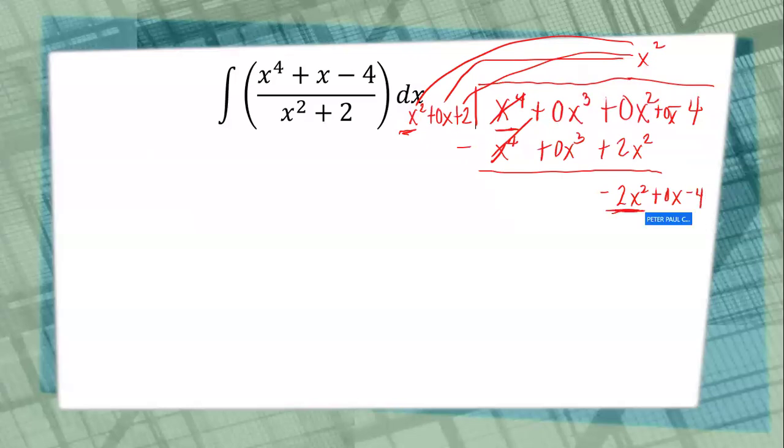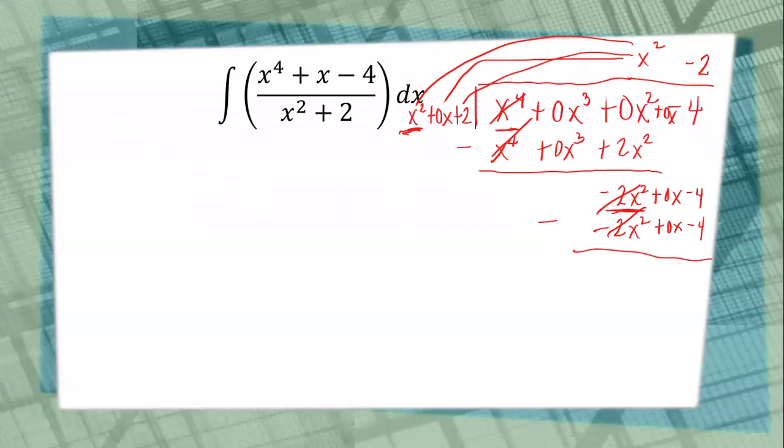We have negative 2x squared divided by x squared. So that's a minus 2. And we multiply. Negative 2 times x squared is a negative 2x squared. Negative 2 times 0x is a 0x. Then negative 2 times 2 is negative 4. So you see, when we subtract, this will be cancelled.